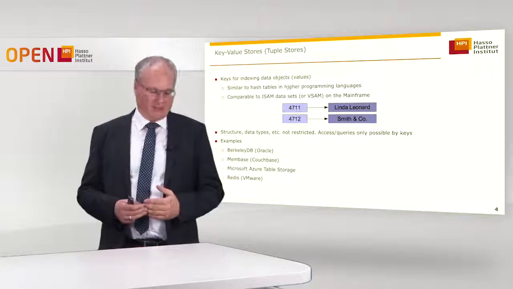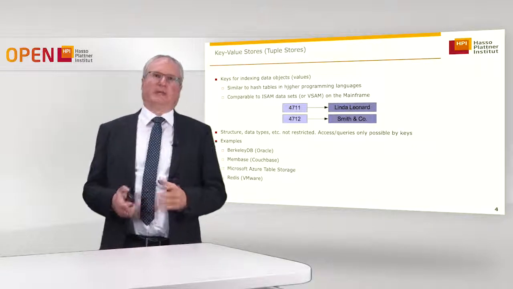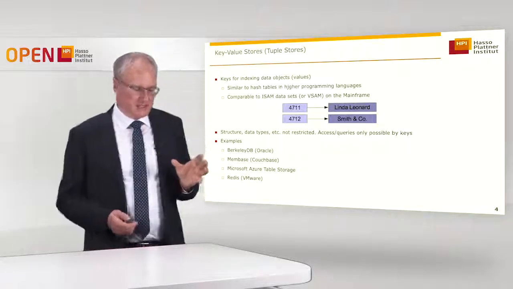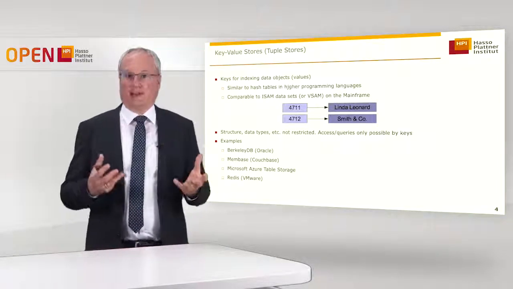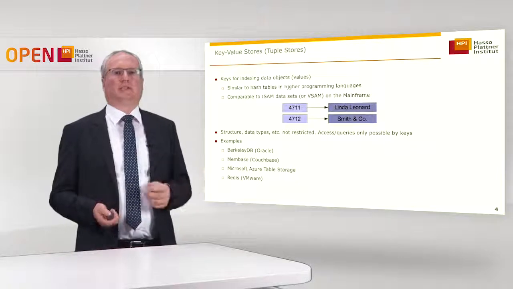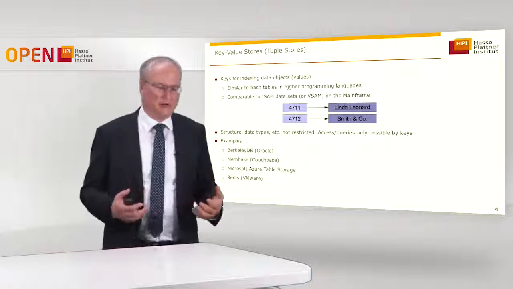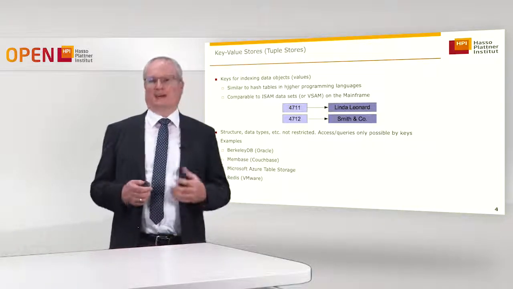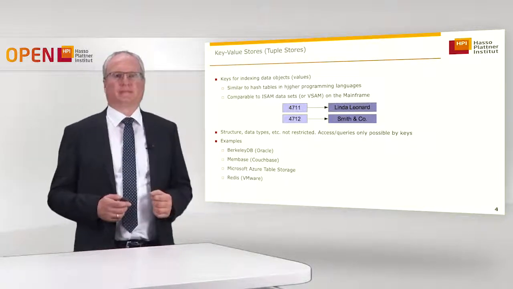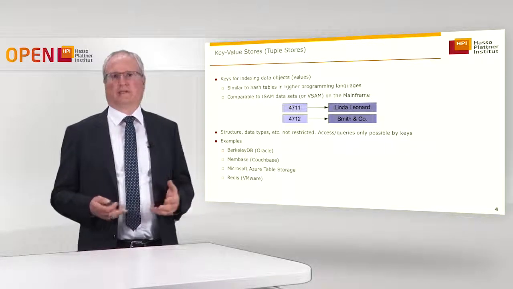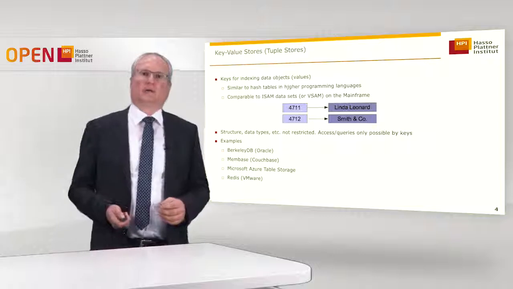So let's start with the key value store or tuple store. In a key value store, basically an object, a data set, any kind of data, we call it the value, is stored, referenced by a key. The key can be a number or any kind of unique identifier that references the data, that is the value.